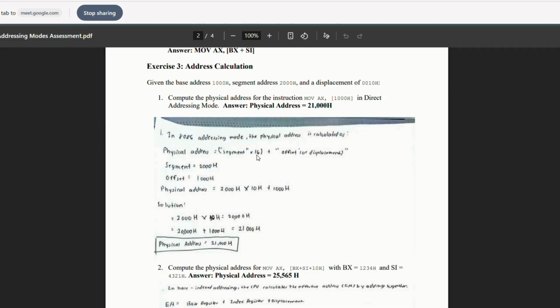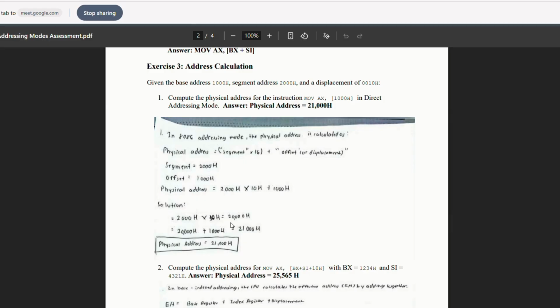So by step-by-step calculation, multiply the segment by 16, or 10H. Here we can see that the offset is 1000H, and we multiply the segment 2000H by 10H, which equals 20,000H.